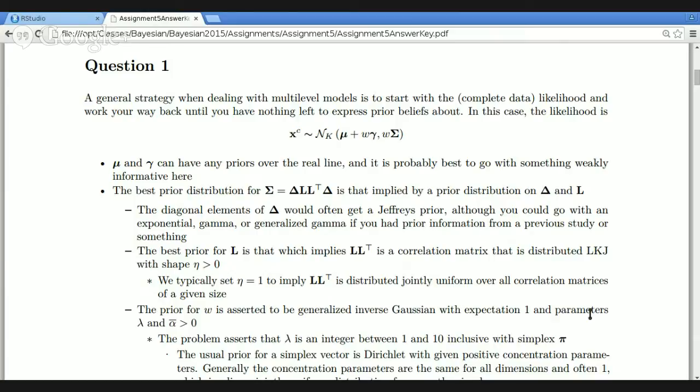In order to have a prior that has a unique form, it's necessary, and it's also convenient, to restrict the generalized inverse Gaussian prior distribution to have a mean of 1. In general, the generalized inverse Gaussian distribution has these shape parameters psi and chi.